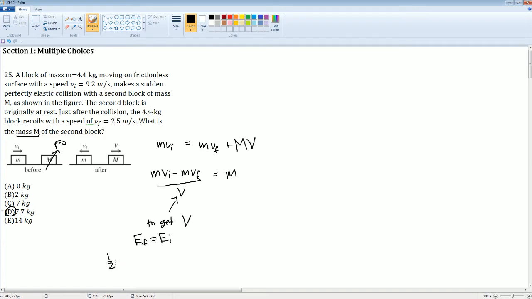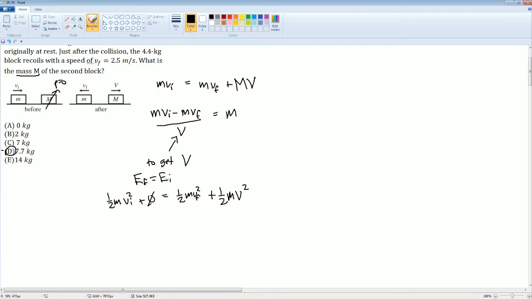It's 1/2 little m v squared, that's vi. This became 0, so 0 is equal to 1/2 m v squared again, plus 1/2 big M v squared. This is the way you can solve for it, because you have its initial velocity and a final velocity here. So you could solve for V, then you plug it in, and it's going to be equal to 7.7. That's sort of the algebra for it.